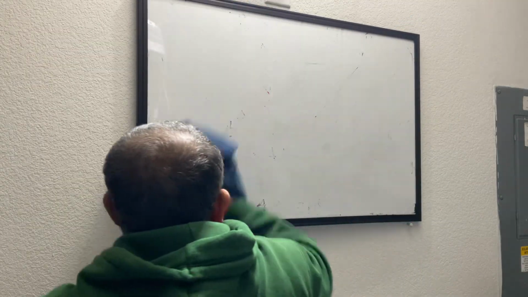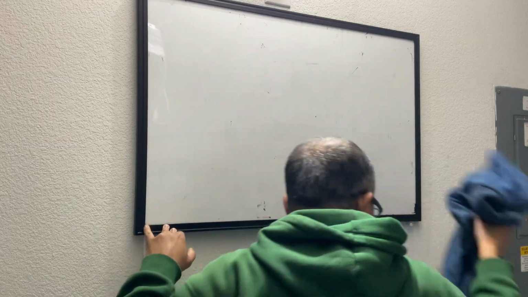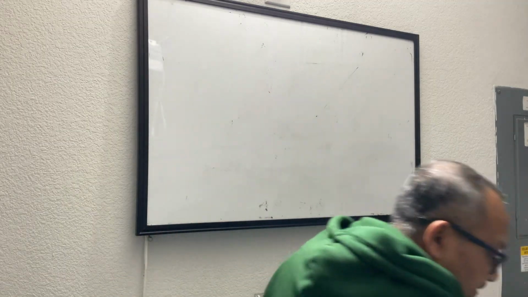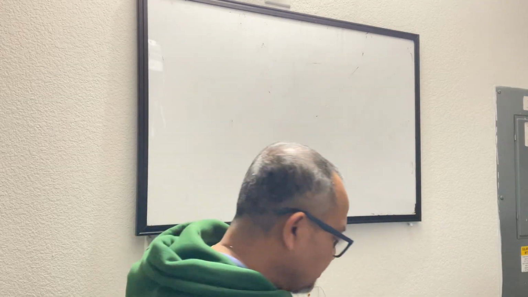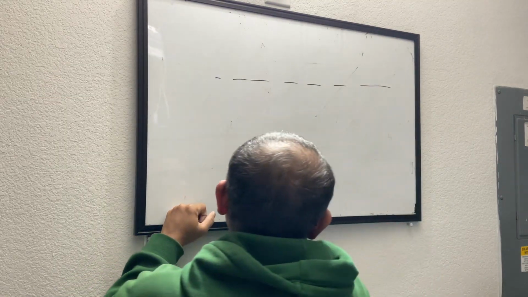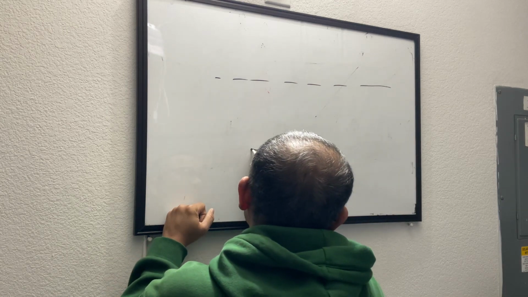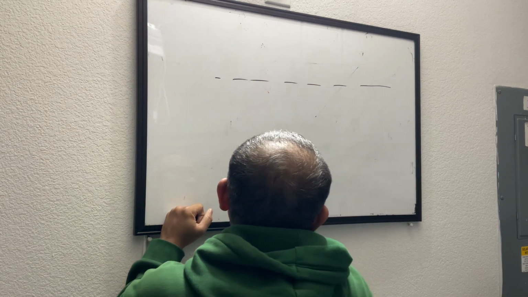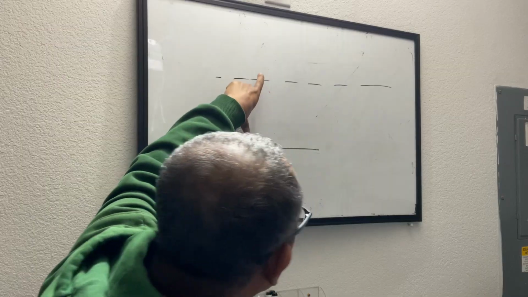If I have, let's say, just now we learned that the area of a parallelogram is base times height. What does height mean? Height is nothing but the perpendicular distance between two parallel lines.